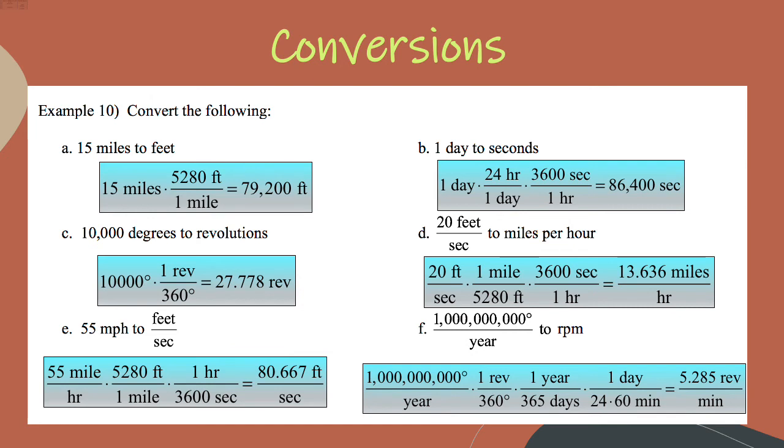When doing this on the calculator, be careful. You have to take 1 billion and divide it by, and you need to use a parentheses to do the multiplication on the denominator. If you do it right, you will end up with 5.285 revolutions per minute.